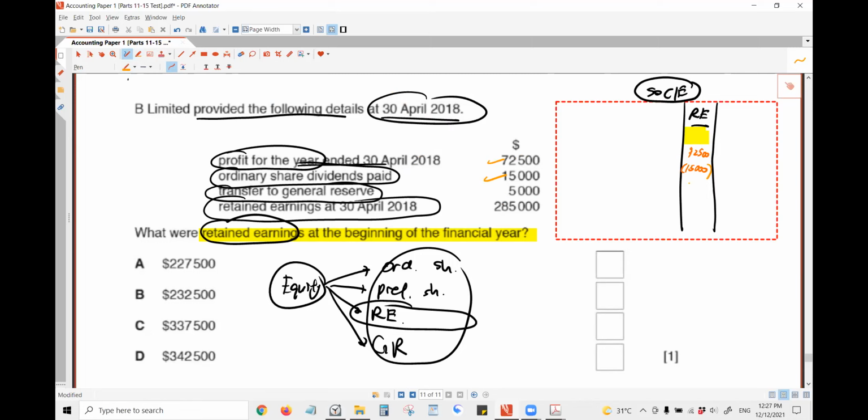Transfer to general reserve is minus from retained earnings, then added into the general reserve column. Retained earnings at the year end, 285,000. So how to find the answer? Work backwards, or you call it work upwards, work the calculation upwards, then you can get the answer.